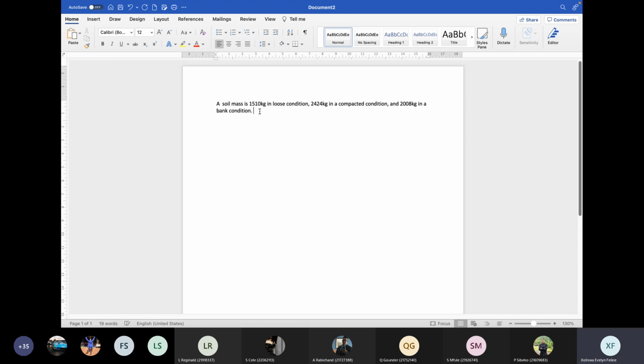So this is the question that they have. They say that a soil mass is all that information, and then they give you the conditions that they want you to work with.